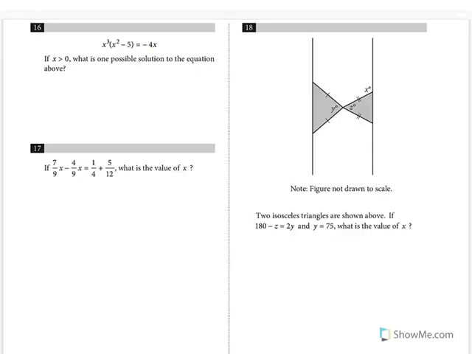And that is the end of our multiple choice. Now we are ready for our free response. We have x cubed times (x squared minus 5) equals negative 4x. If x is greater than 0, what is one possible solution to the equation above? First of all, I want to simplify.